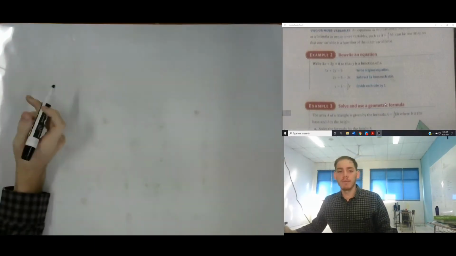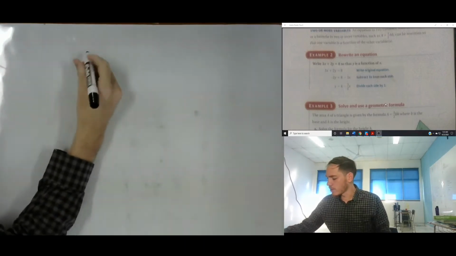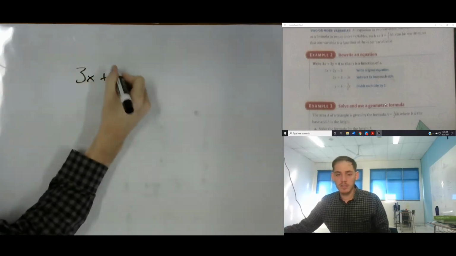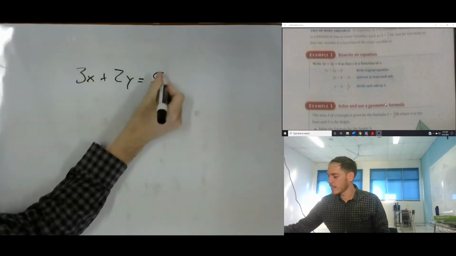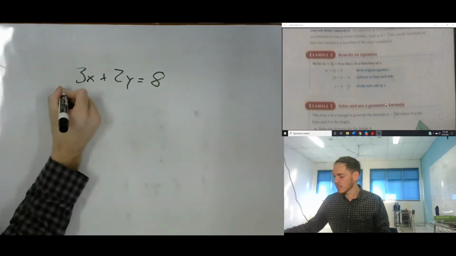Okay, continuing on. With 2 or more variables, it's the same exact process. If you have, in this case, 3x plus 2y equals 8, solving this for y as a function of x means x is on the other side.